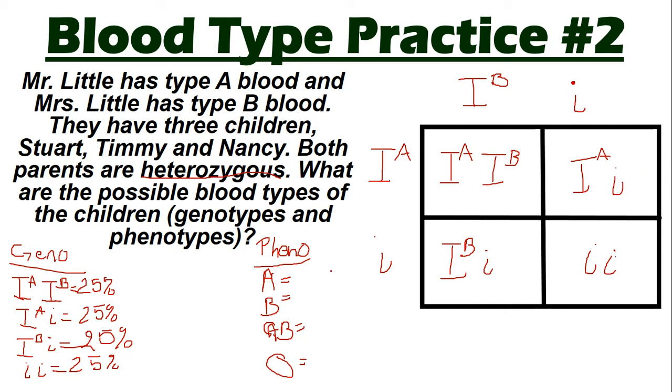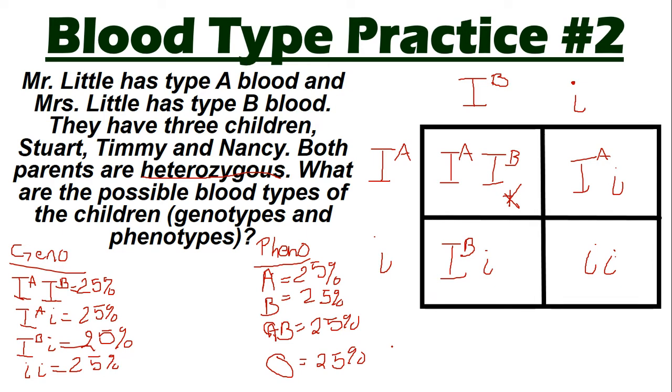That would be one box. That's 25%. B is one box. That's 25%. AB is 25% as well. That would be this box right here. And O is 25%. That's that little i, little i right there.